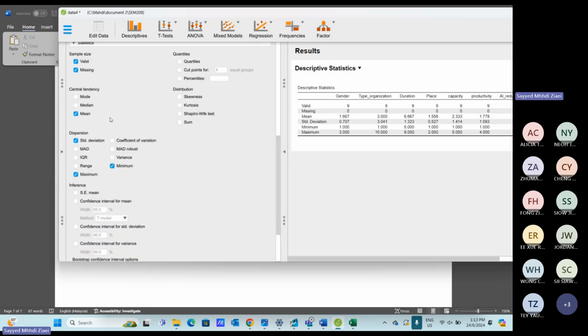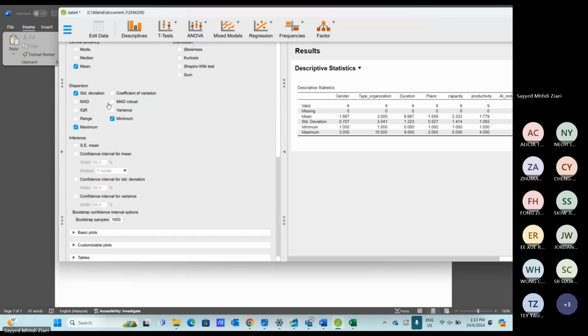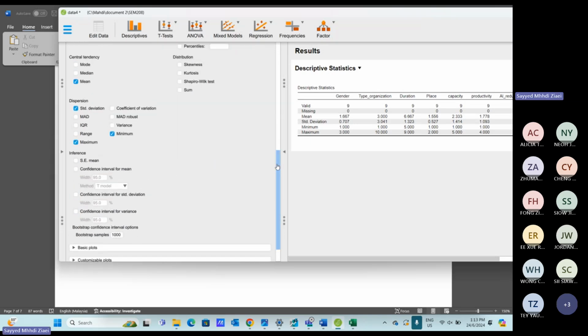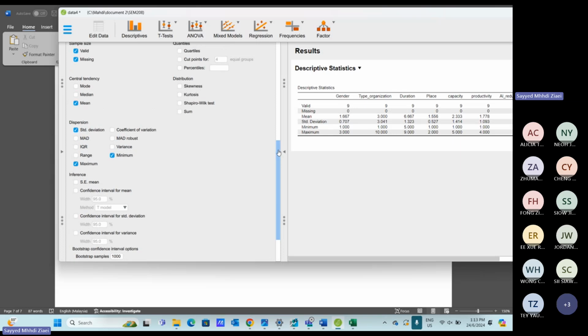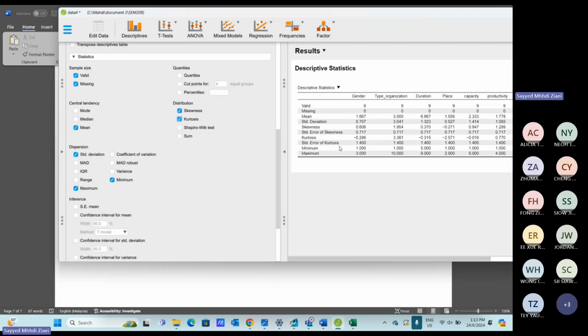So you can change the content of the descriptive statistic based on the information that you want to add to your table. For example, we have valid, missing, mean. Suppose I want to add skewness and kurtosis. So skewness and kurtosis appear here.